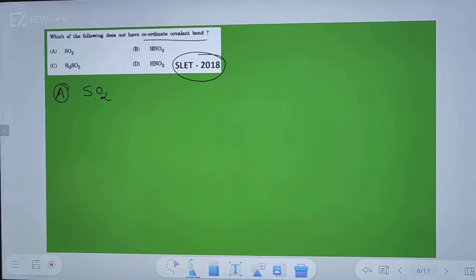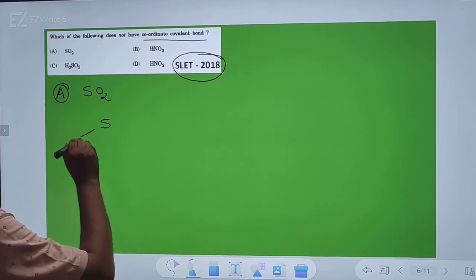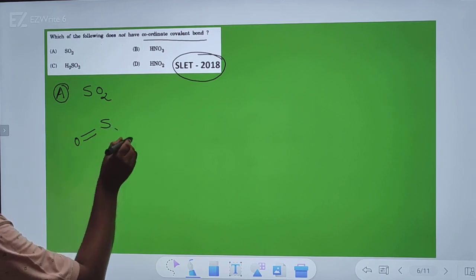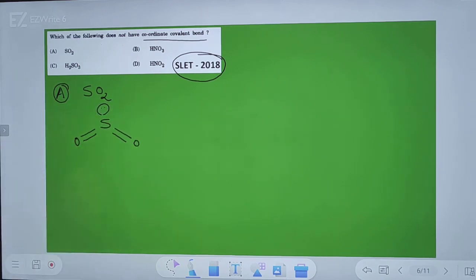Whenever I say SO2, on a very simple aspect, we will generally represent it like this. We always represent it like this in a Kossel-Lewis format. SO2, an angular molecule, and generally we say it to be AB2.